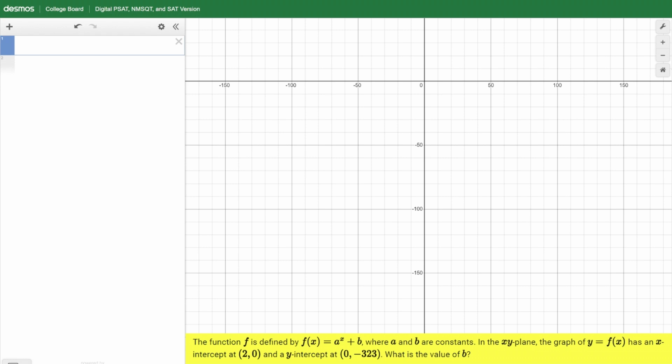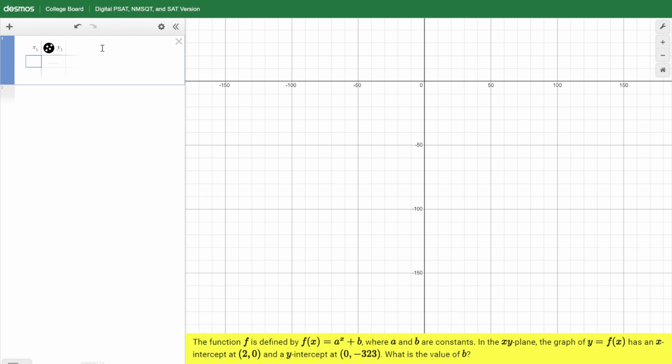So the first thing that we've got to do is use something called a table, which is part of Desmos. We will start off by typing in table, and when we type in table, automatically the table comes up. And what you want to put in the table are the two intercepts.